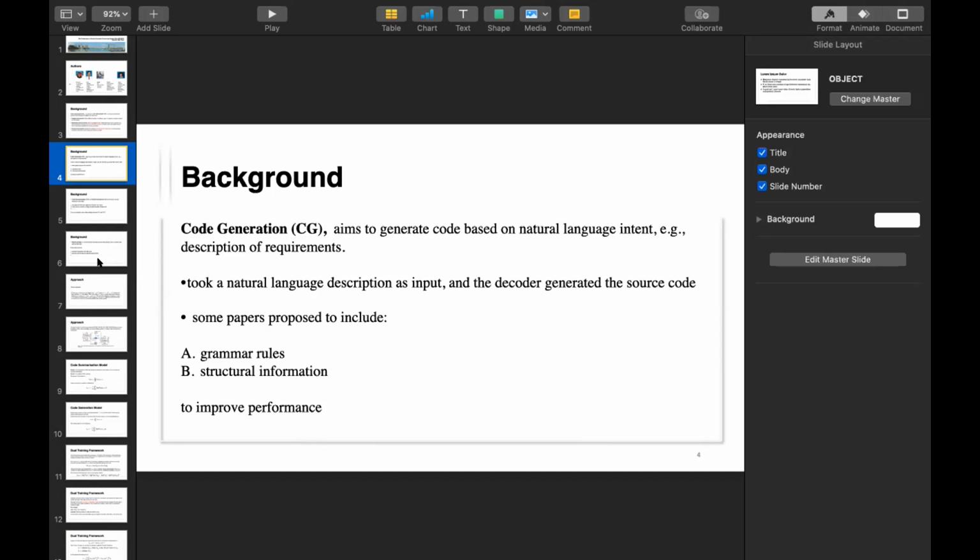Some other papers also propose to include grammar rules or structural information to improve the performance of code generation. We will refer to code generation as CG in the later slides.